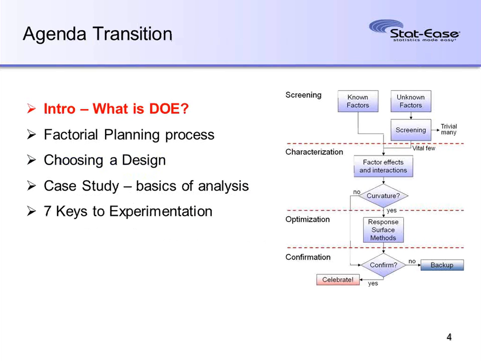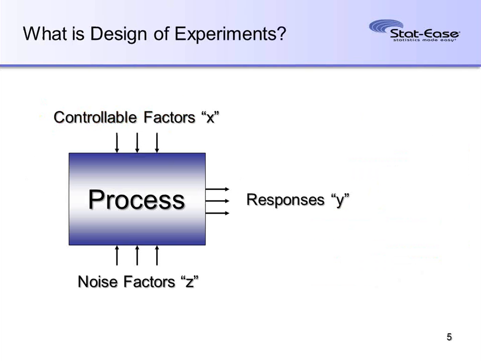So I'm going to start out by just talking about what is Design of Experiments and when can you use it. What industries can DOE be used in? We have applied DOE in so many industries, it's really phenomenal. Everywhere from the food industries to pharmaceutical industries to standard manufacturing to the military applications, NASA, car racing. It's really quite amazing.